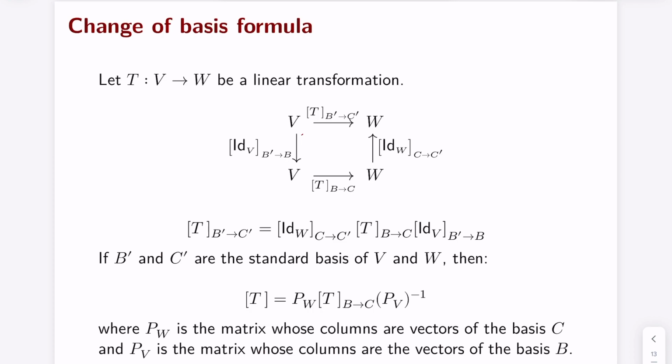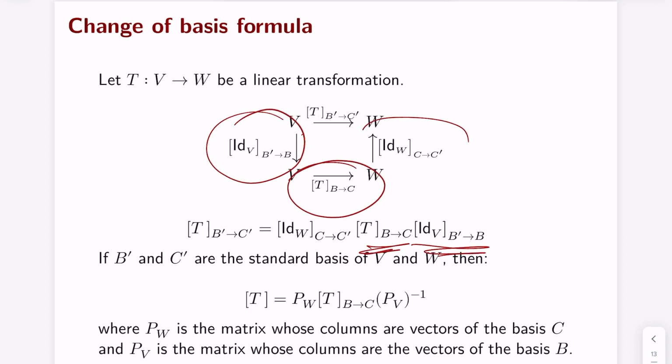And so the matrix associated to the transformation in those bases is going to be the same as the multiplication of these matrices. So we are going to start by multiplying this matrix that we put here times this one that goes here times this one that goes here.